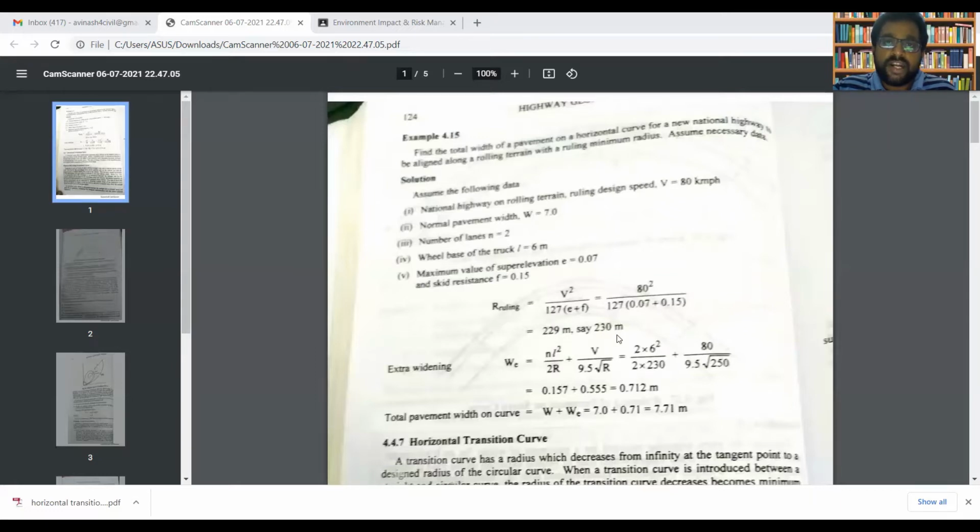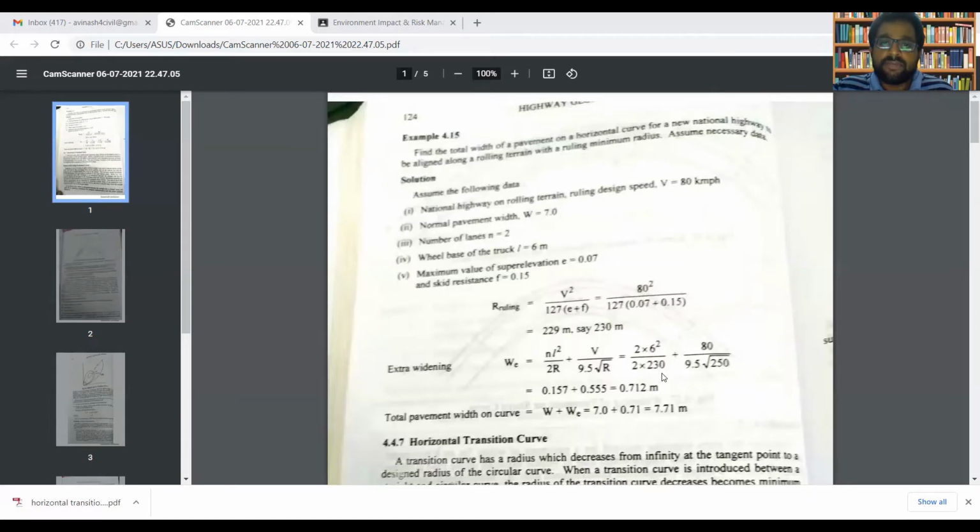Now extra widening. I told that extra widening can be written as the sum of mechanical widening plus psychological widening. So extra widening is equal to nL square by 2R plus V by 9.5 root R. N means number of lanes is 2.